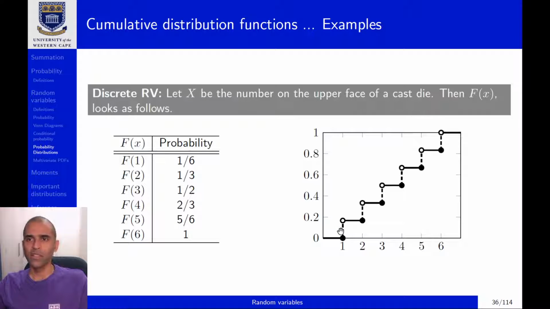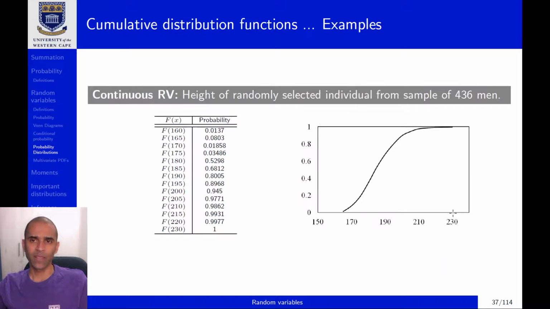And graphically, this just looks like a step function, right? Because it's a discrete variable, we observe this step function over here. In the case of a continuous variable, using the height example again, we observe a smoother curve going from 0 probability to probability 1, a smooth S-shaped curve.